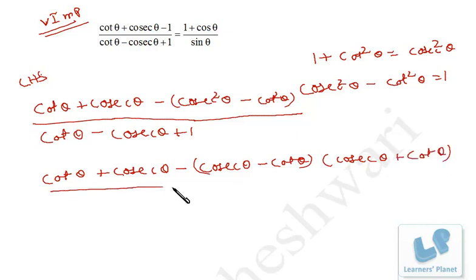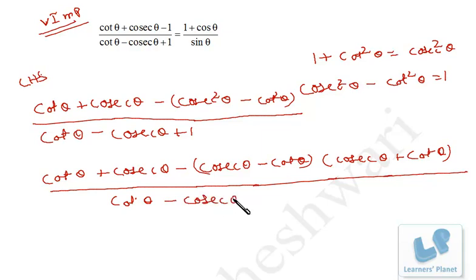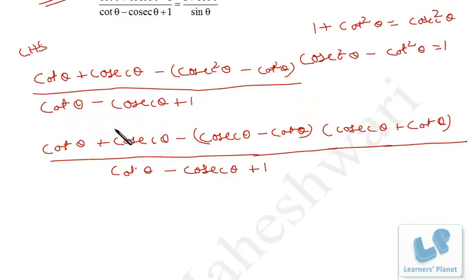Okay, and in the denominator we have cot theta minus cosec theta plus 1, right? Now we see cot theta plus cosec theta over here and cot theta plus cosec theta over here, so we can take it as common. So that's (cot theta plus cosec theta), I took it as common.